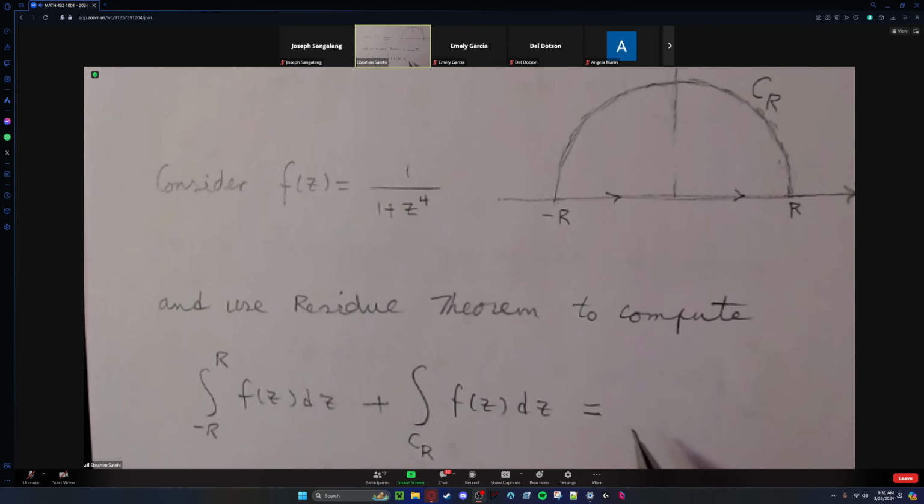So 2 pi i times the sum of residues. I'm just saying sum of residues, all right? The z_k's.